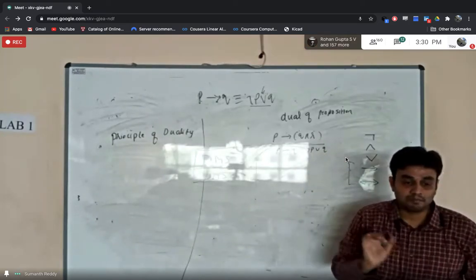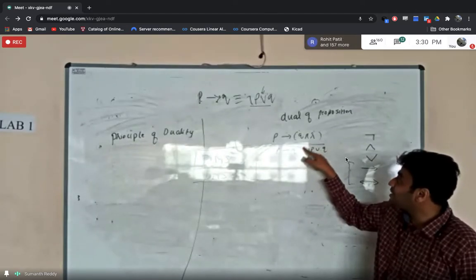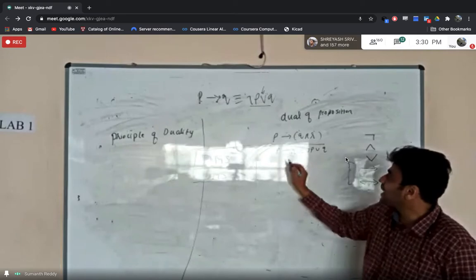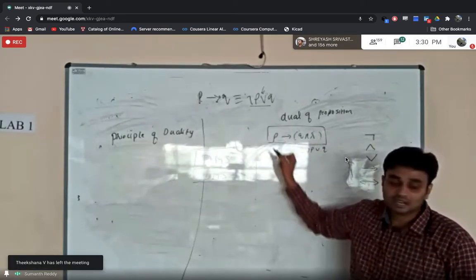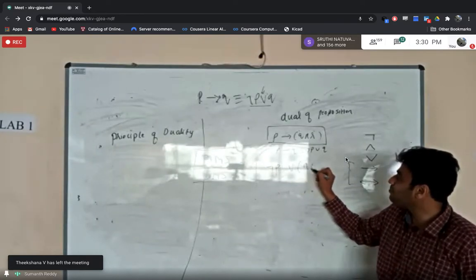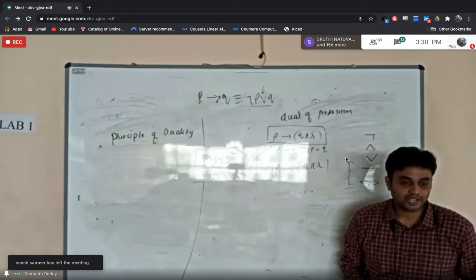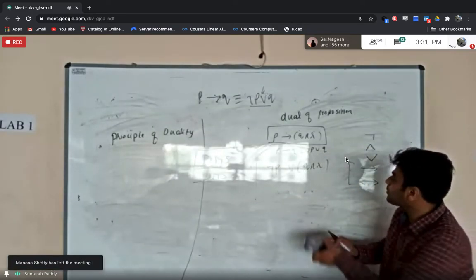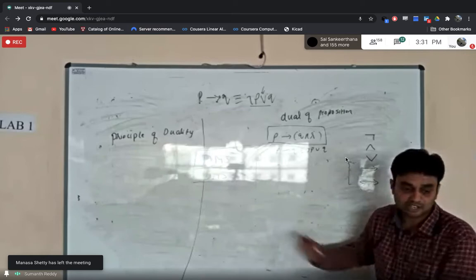Do you agree? But in place of Q, what I have here is Q and R. So this can be written as negation of P or (Q and R). I think because of the lighting, this portion is not properly visible, so I will write it down here.